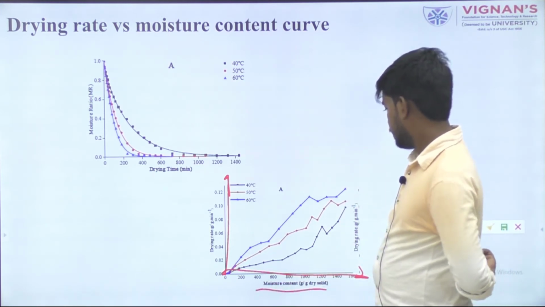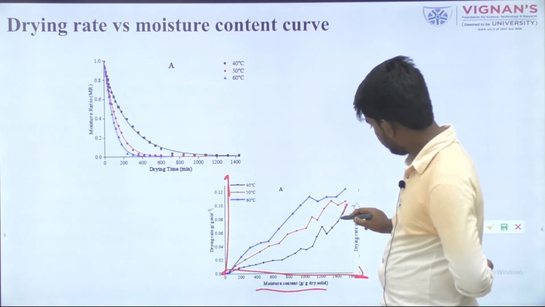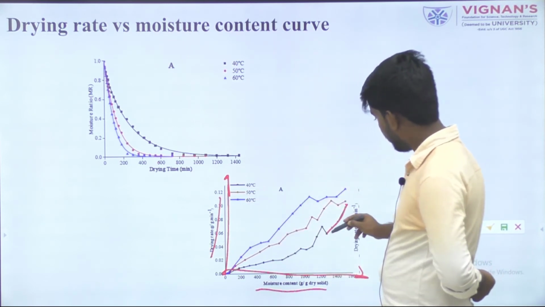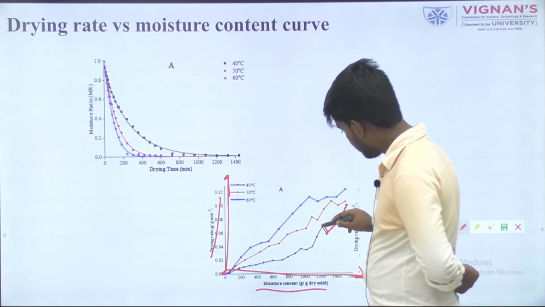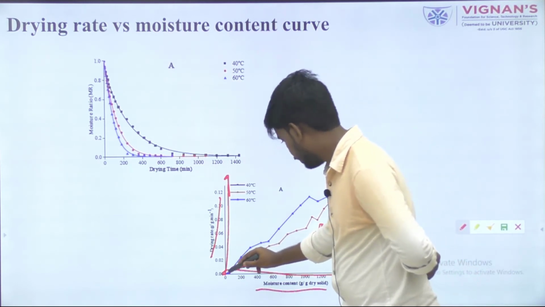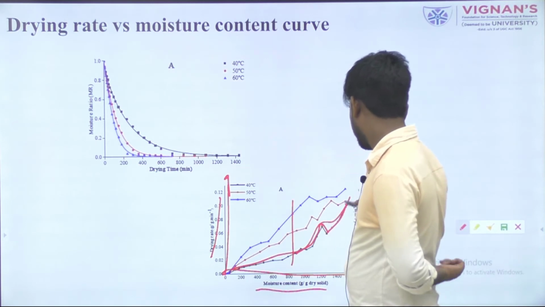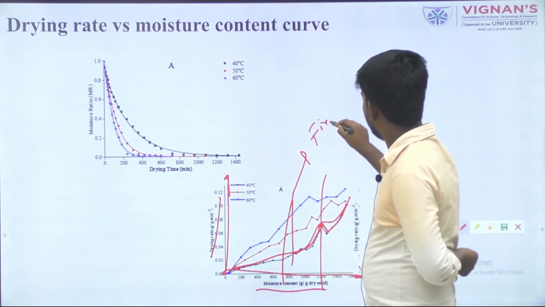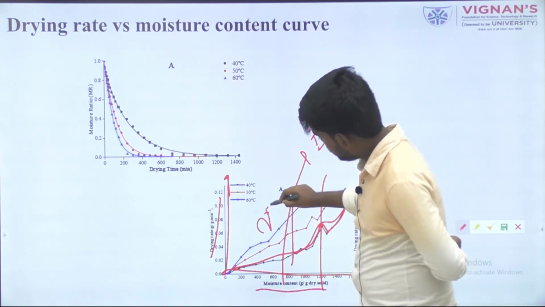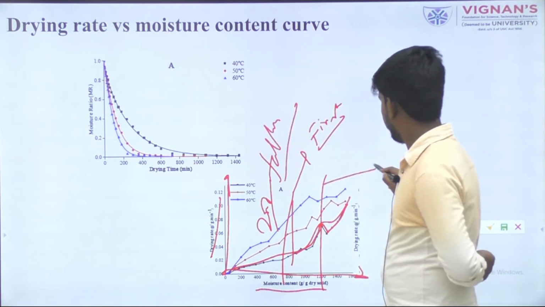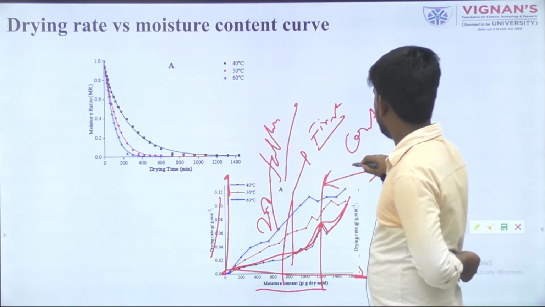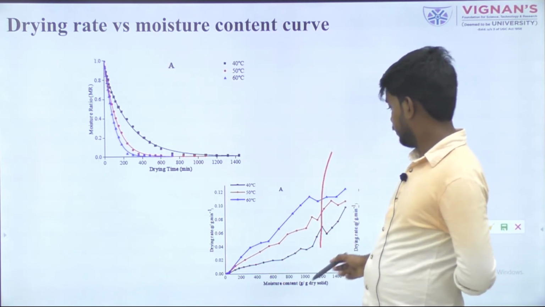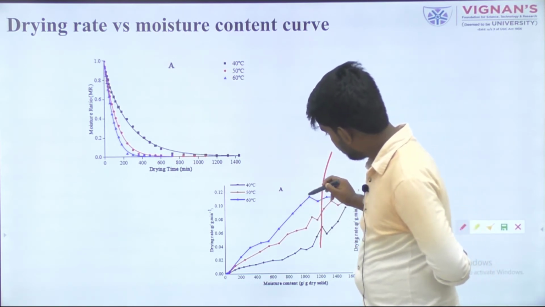Initially you can see the drying rate goes very rapidly, then again some rise, and again it slows down. Here you can show the first falling rate period, this one you can call the second falling rate period, and this zone is known as the constant rate.